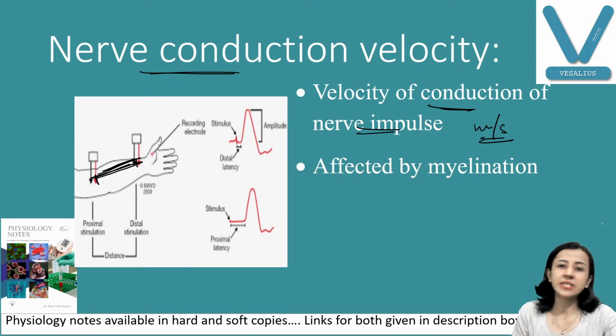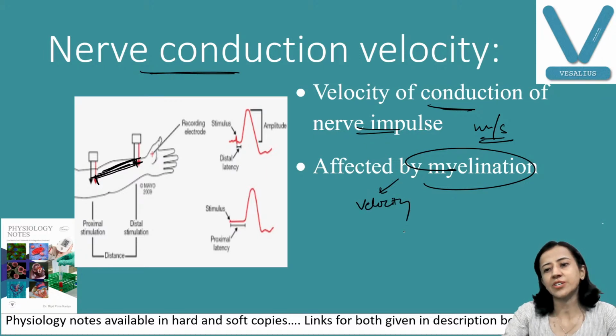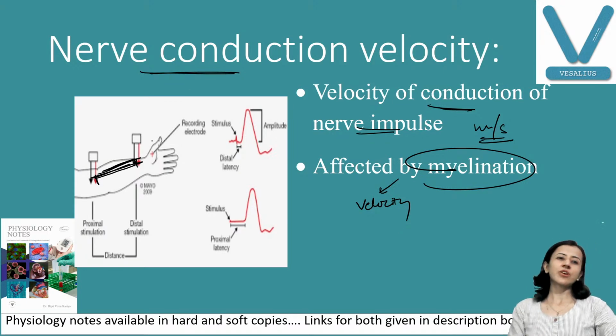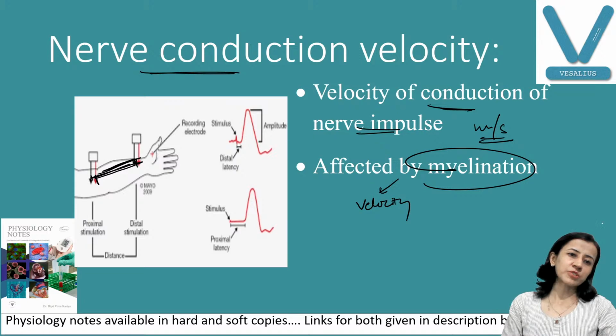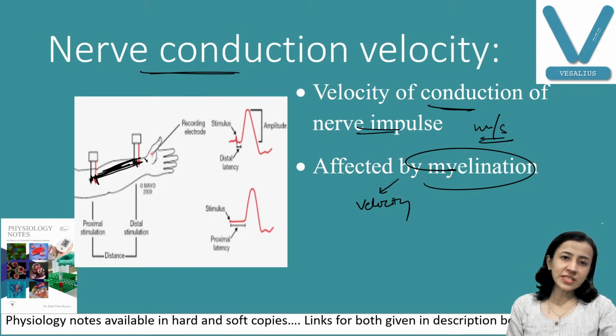As we have discussed, if the fiber is myelinated, conduction velocity is fast, and if the fiber is unmyelinated, conduction velocity is slow. So how to calculate conduction velocity? You have to stimulate the proximal part and the distal part. Measure the distance between these two, and you will get these two curves.